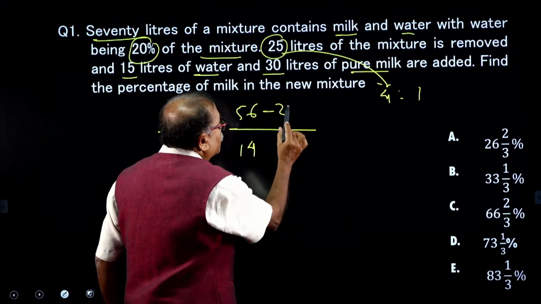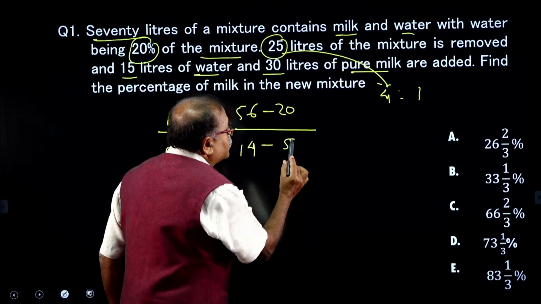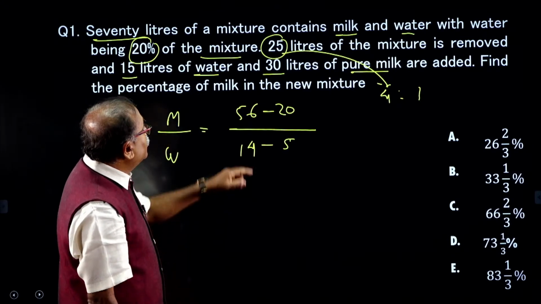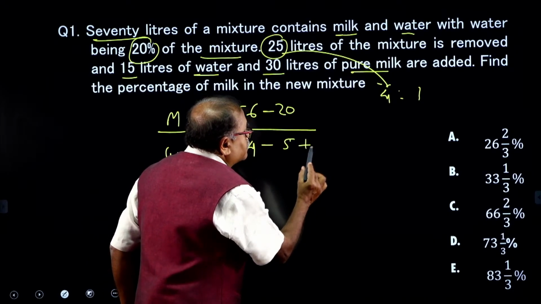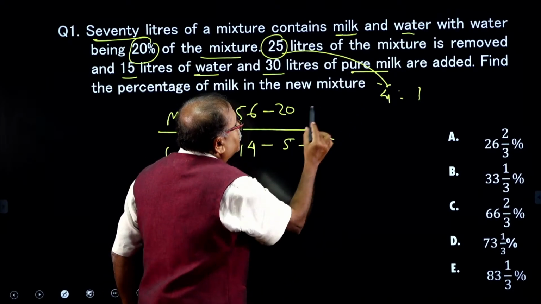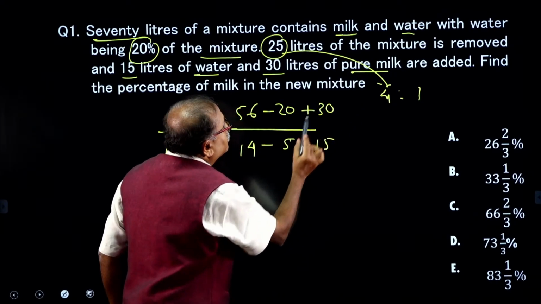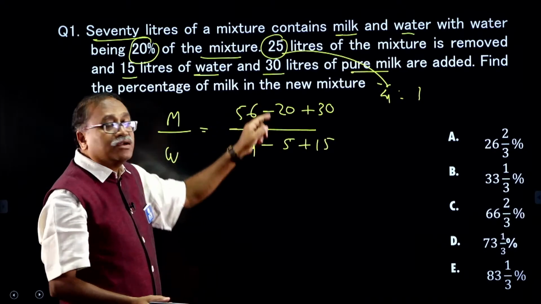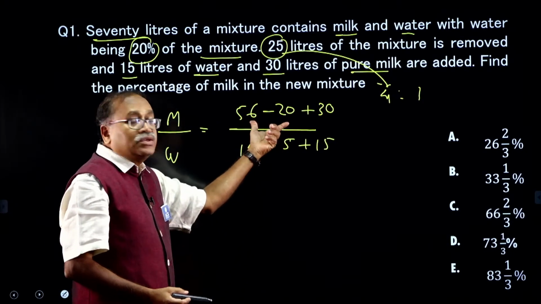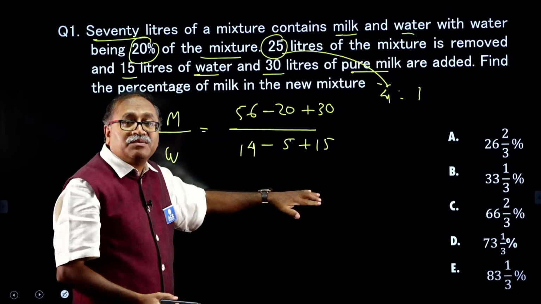So, 20 liters of milk is gone and 5 liters of water is gone, and after that you are pouring 15 liters of water and 30 liters of milk. Now, find the percentage of milk in the new mixture. So, this is your milk and the mixture is the sum of this.